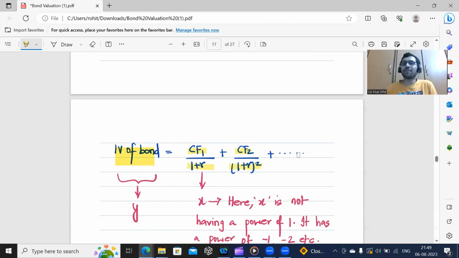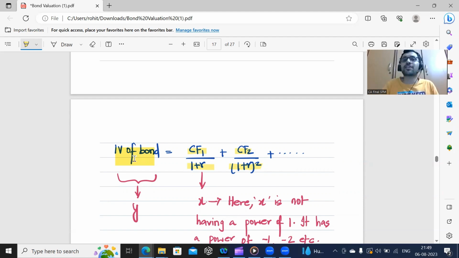When we were drawing a table and calculating the intrinsic value of the bond, what we did was we multiplied cash flow 1 with the present value factor for the first year, cash flow 2 with the present value factor for the second year. That present value factor was nothing but 1 divided by 1 plus R, 1 divided by 1 plus R the whole square, 1 divided by 1 plus R the whole cube, and so on.